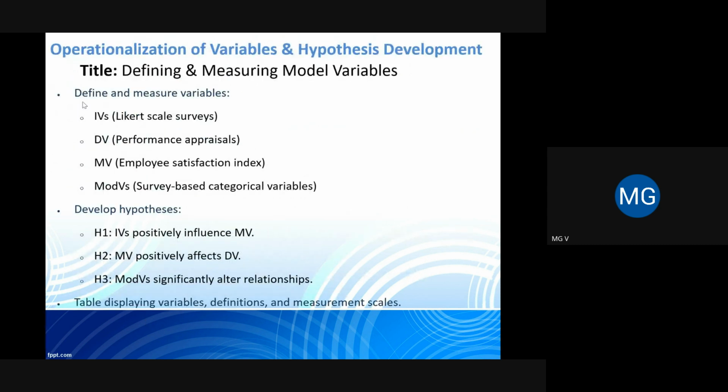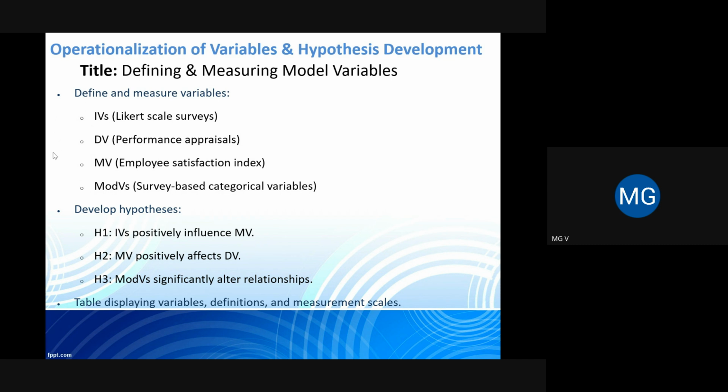This was followed by operationalization of variables and hypothesis development under the title Defining and Measuring Model Variables, where we have defined and measured the variables DV, IV, MV, and moderating, right?